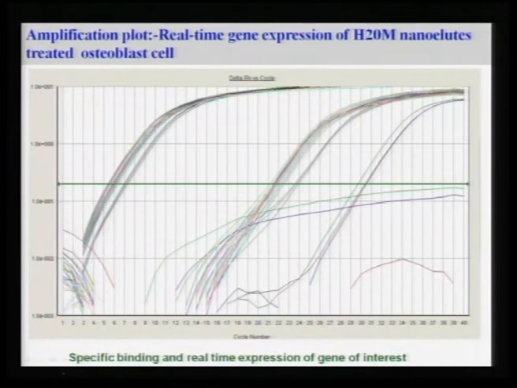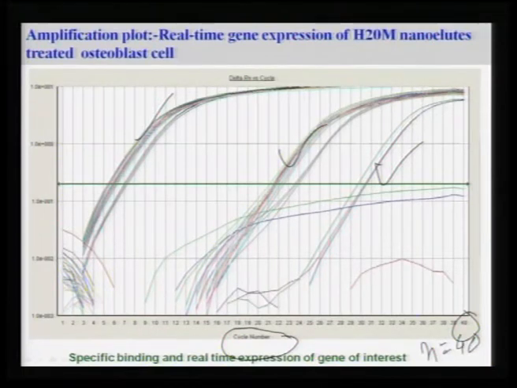So, now you can see what is the typical amplification plot, that is the real time gene expression of these osteoblast cells. Now, these are different genes of interest, showing how they are amplified. This is your cycle number. You now know what the cycle consists of. So, you can see the cycles can go up to 40 here. So, that is a huge number of cycles. So, N is equal to 40.